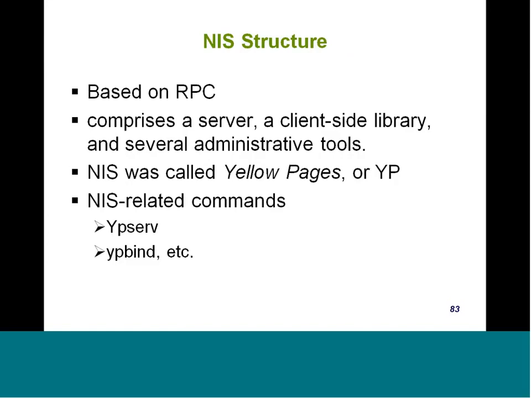It used to be called Yellow Pages, but British Telecom had exclusive rights on this term, so Sun had to discontinue its usage and named it NIS. So that's the origin of the network information system. But YP is still there in a lot of the commands, such as ypserv, ypbind, etc. These are the basic commands for building a network information system.